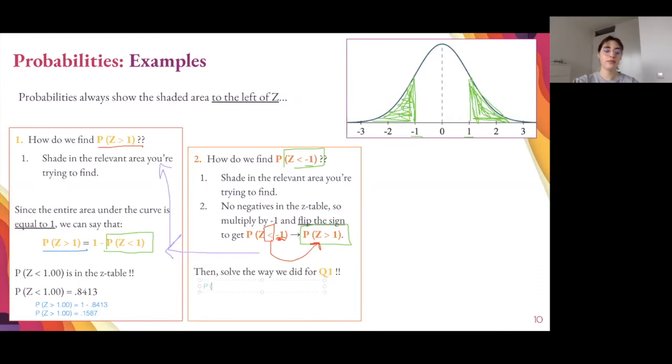Remember that the probability that z is greater than 1 is just like saying 1 minus the probability that z is less than 1. So we solve it the same way we did in question 1: 1 minus 0.8413. Therefore, the probability that z is less than -1, like we were originally asked, is equal to 0.1587.